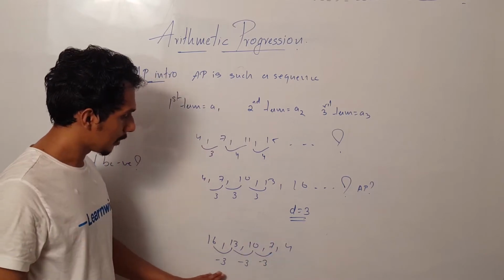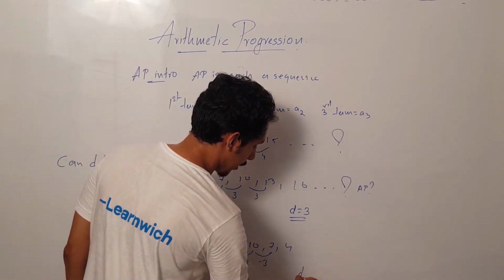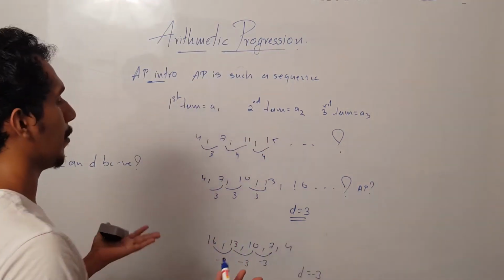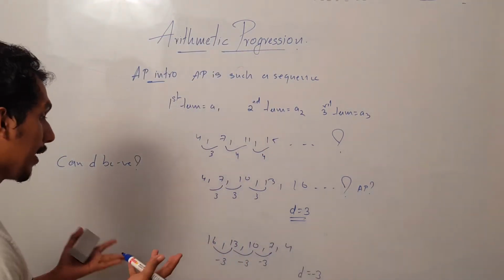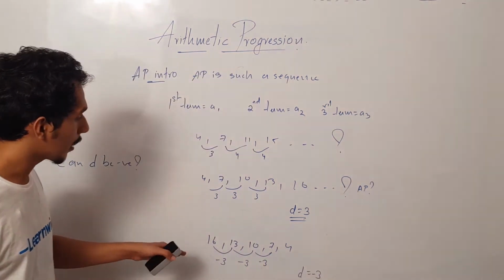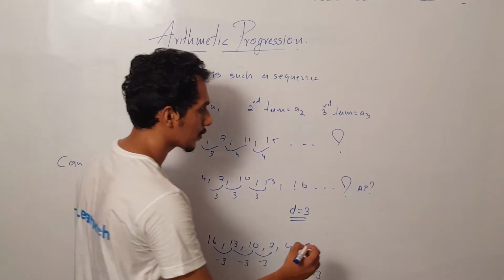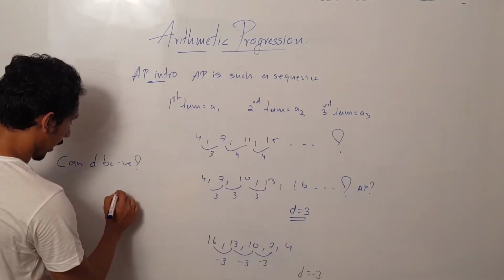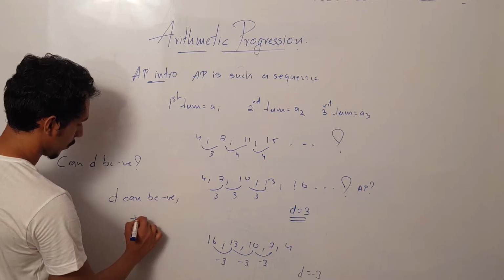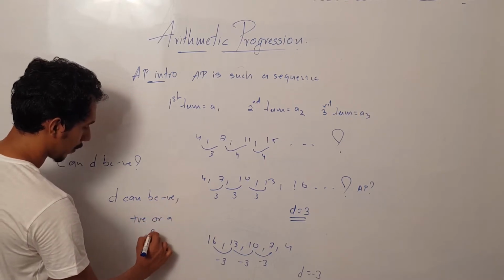So see, the difference here, D, is negative 3. So the common difference can be positive, it can be negative, and it can also be a fraction. So I'll write: D can be negative, positive, or a fraction.